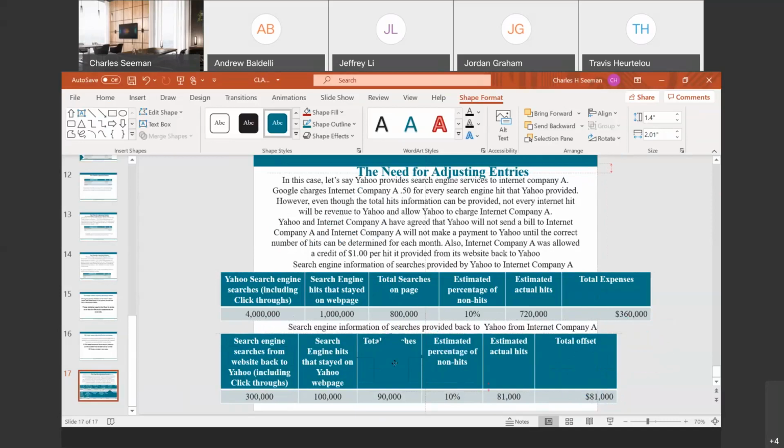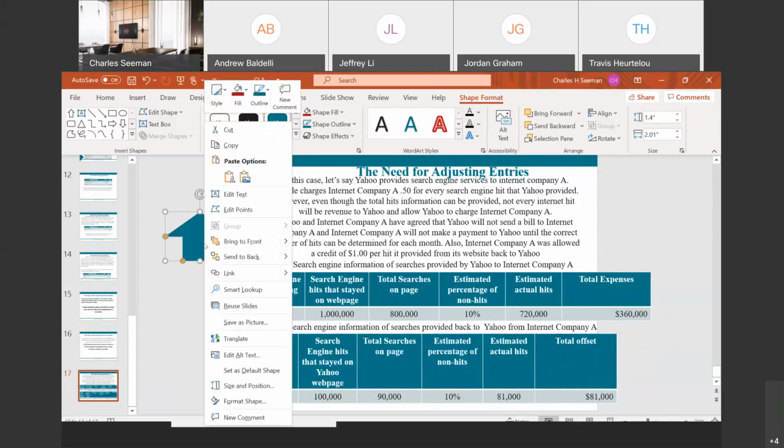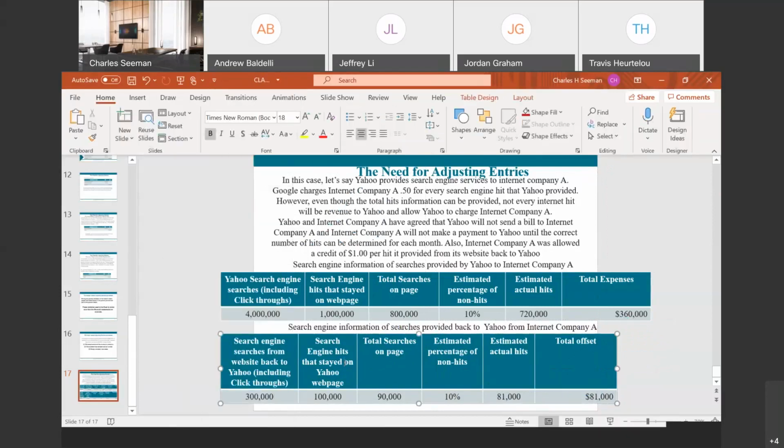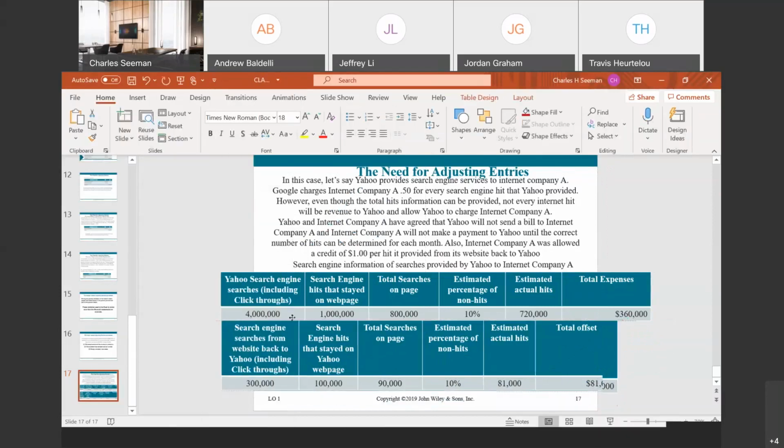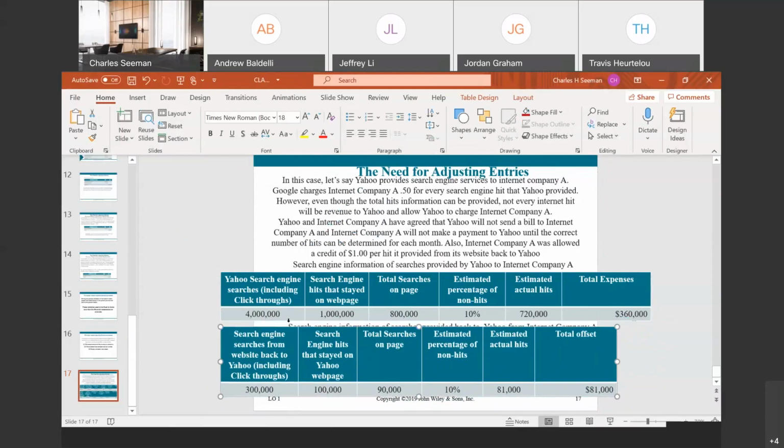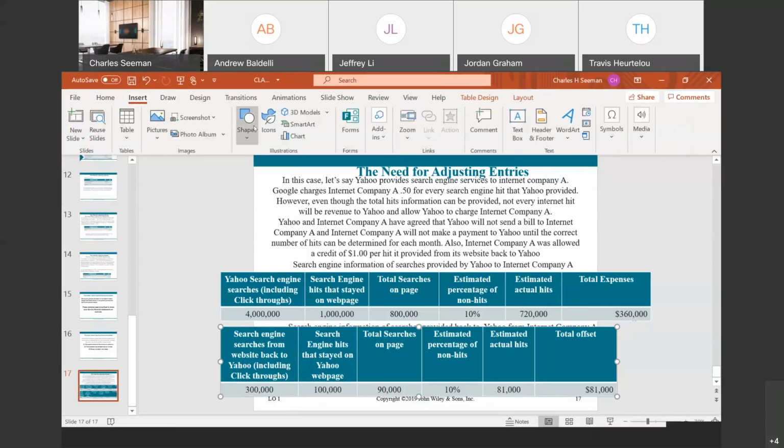To make things even worse, we were also providing Yahoo with searches. People would come to our site and then go back to Yahoo to search something, and we got credit for those searches. Obviously, there weren't as many as coming from Yahoo to us, but there were some.